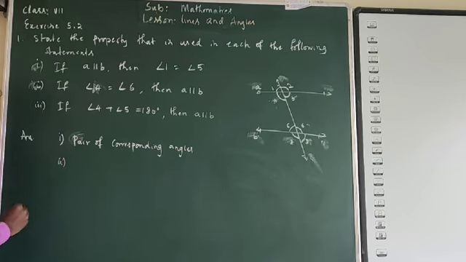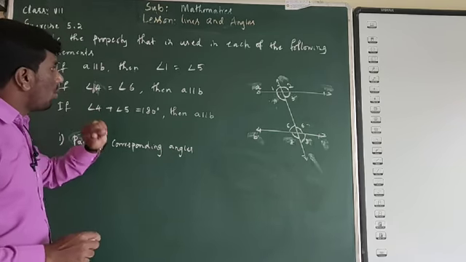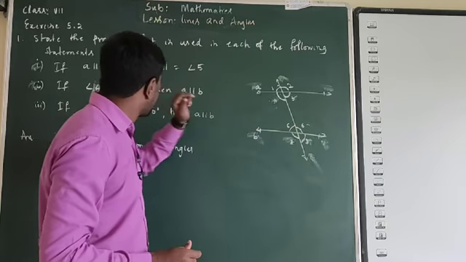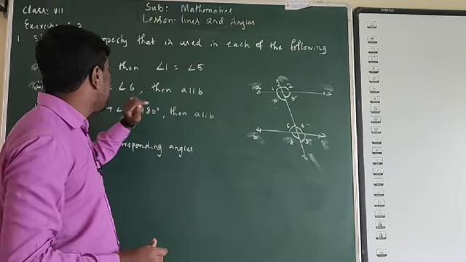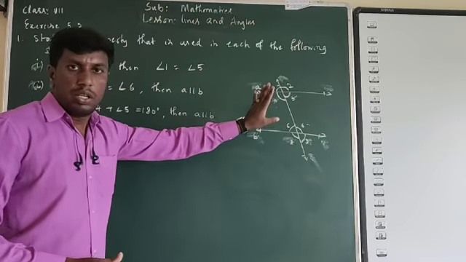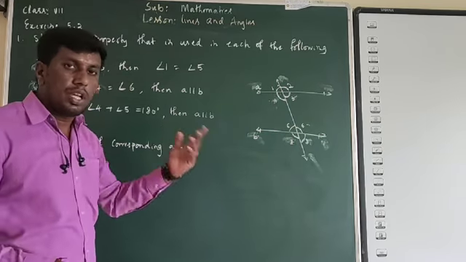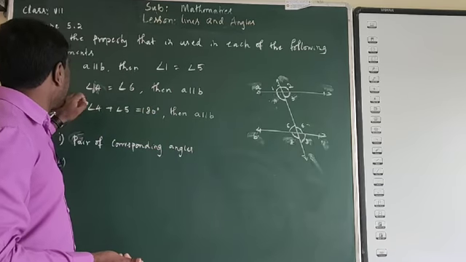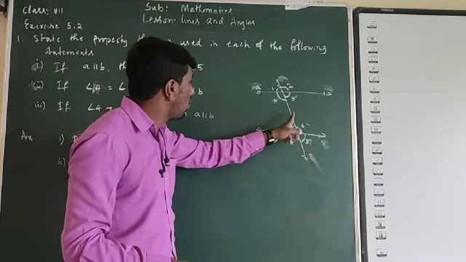Second one. If angle 4 is equal to angle 6, then A is parallel to B. I have told you that if one pair of alternate interior angles are equal, then that is enough to show that A is parallel to B. So what property is it? Angle 4 is equal to angle 6.